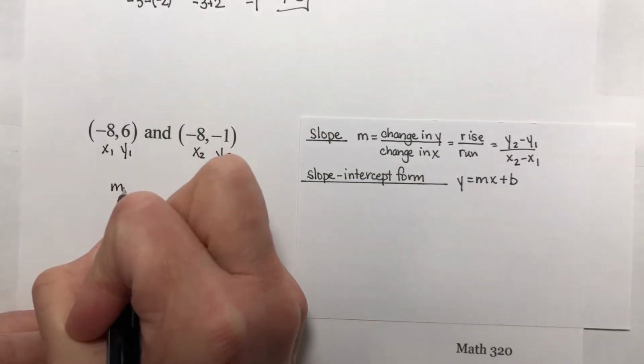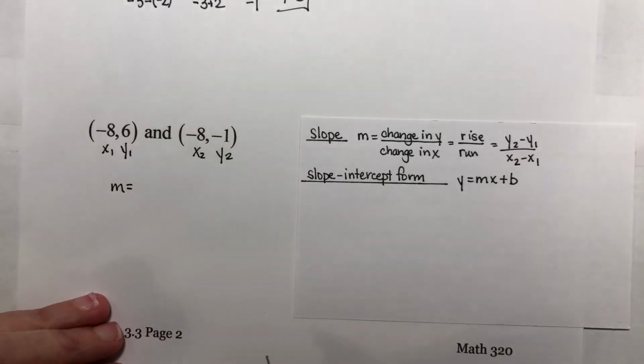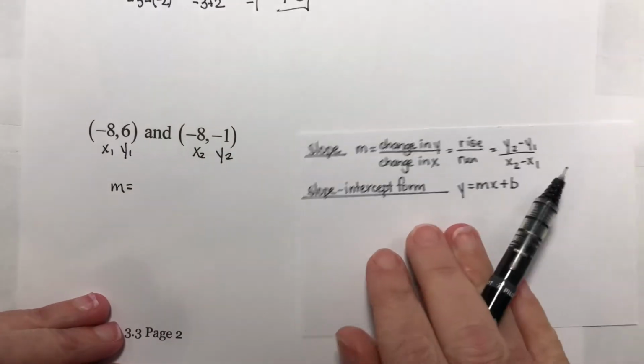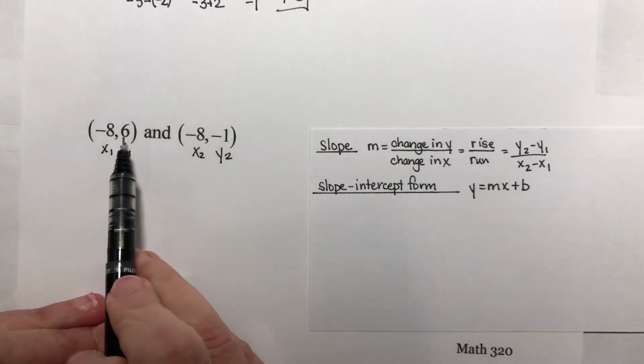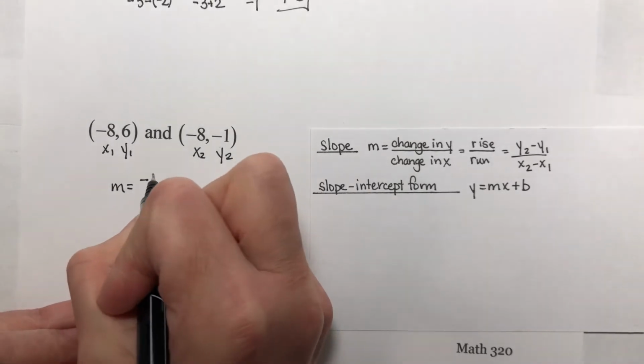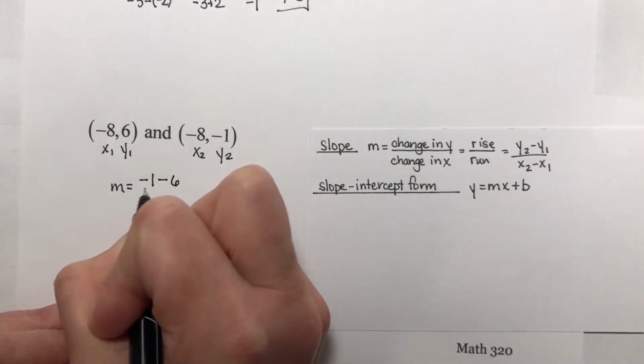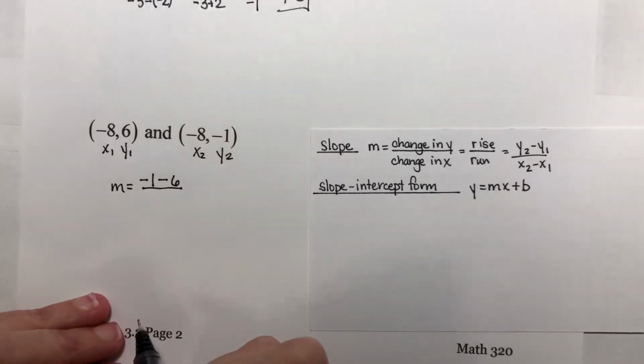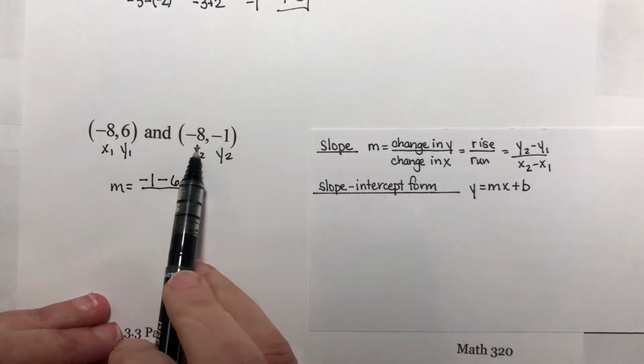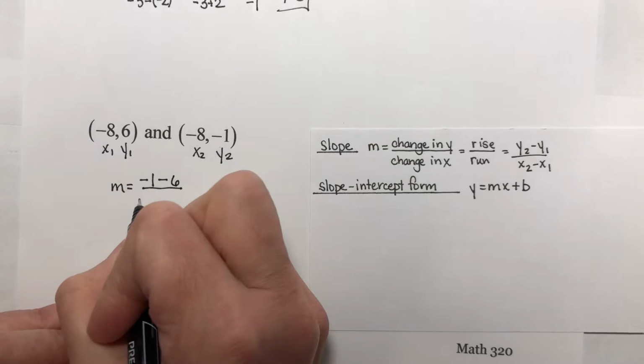Now plug in. My slope is equal to y2 minus y1, -1 minus 6, over x2 minus x1, -8 minus -8.